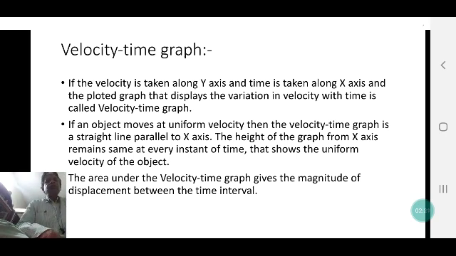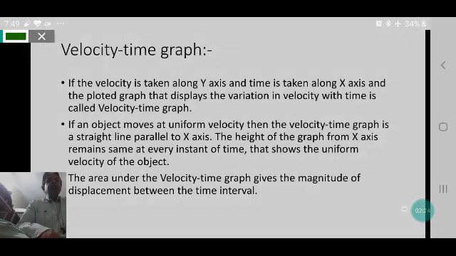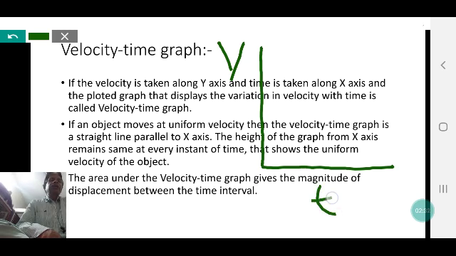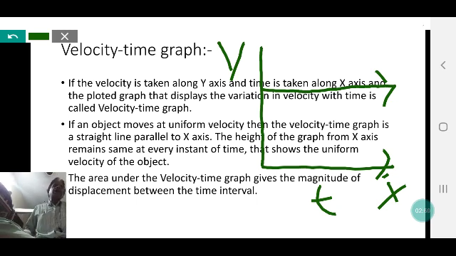We can also detail it like this. Suppose it is a velocity time graph, with V here and T here. If the line is drawn in the quadrant, whatsoever it may be, curved line or straight line, and the line is drawn parallel to the x-axis, then this graph shows the object is moving at uniform speed, and the velocity is constant here.